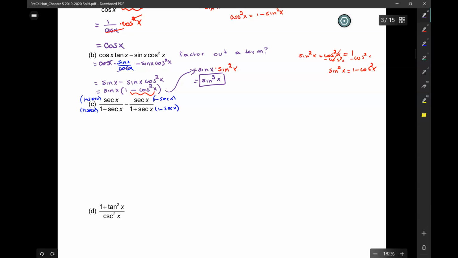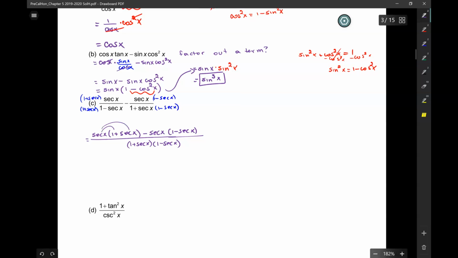So what I have in the numerator is secant x times 1 plus secant x, minus secant x times 1 minus secant x. I'm just rewriting now. In the bottom, I have 1 plus secant x times 1 minus secant x. Now you're going to distribute.